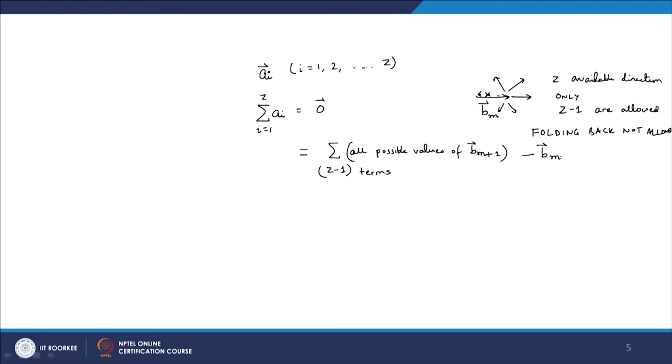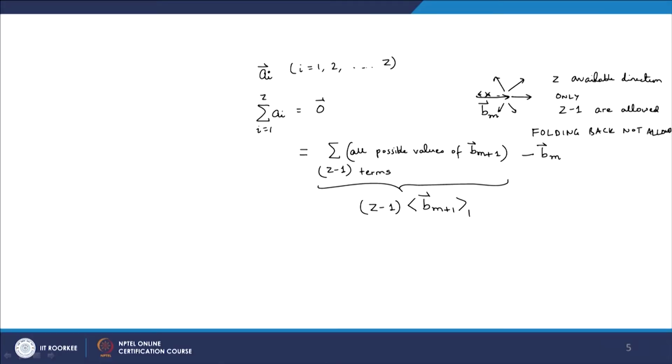Okay. So, now if I look at this particular sum, this must be equal to z minus 1 times the average of Bm plus 1, because if I multiply the average by the number of possible values, I should get this particular sum.